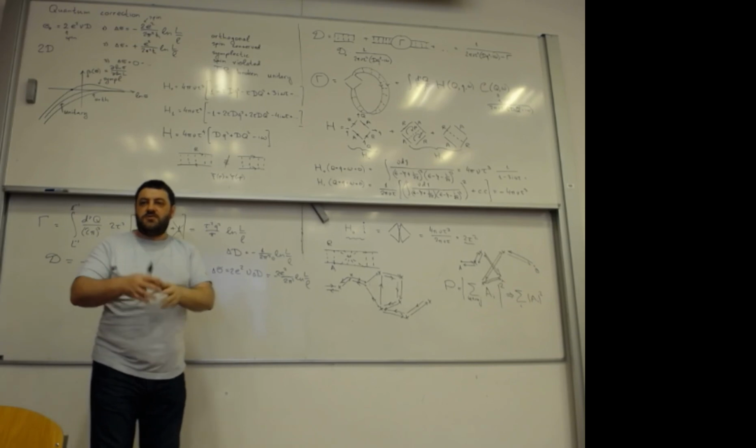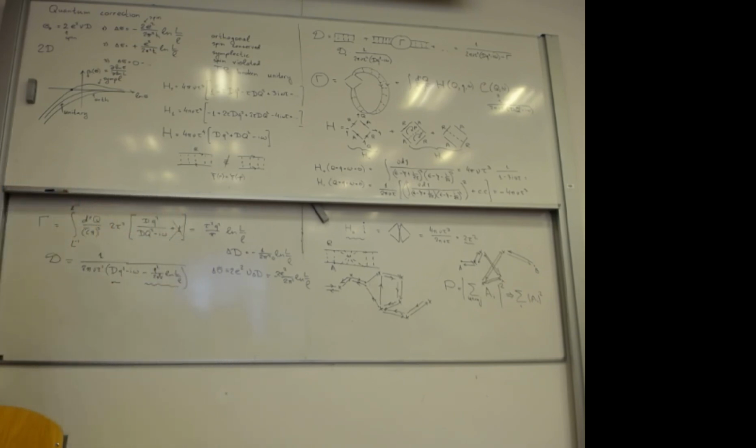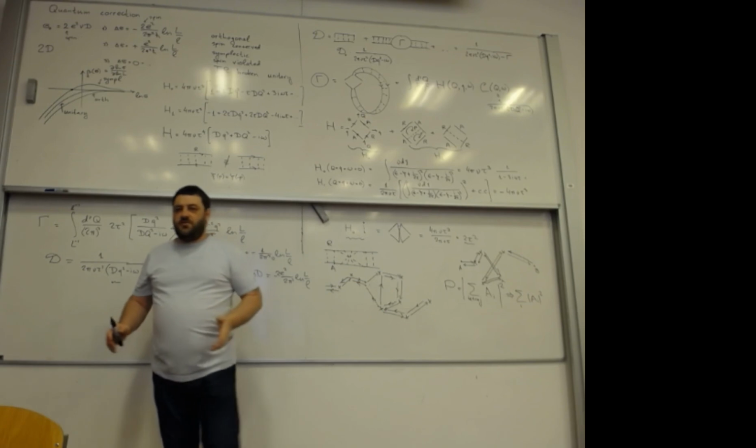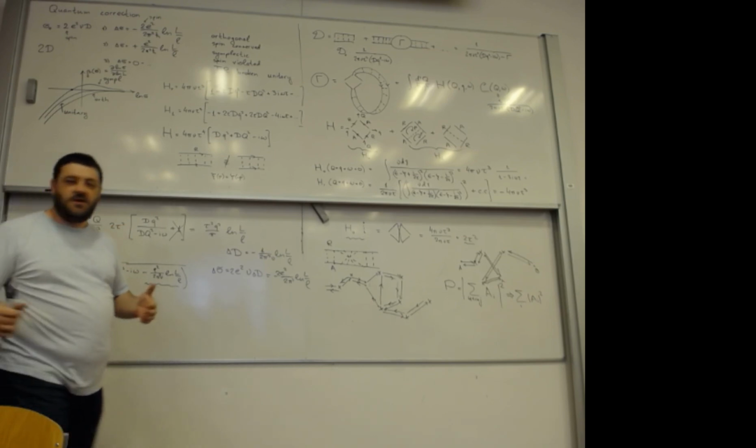So each Hikami box means the correction you calculate will be smaller than the one with less number of Hikami boxes. Each loop also means that you have some small factor. So the more loops you have, the smaller is the correction. The leading one has only one loop, the next corrections will have more loops.